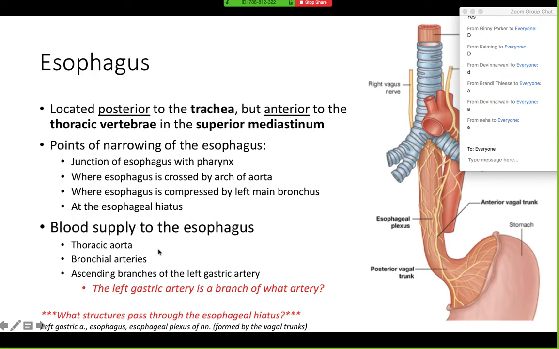Okay, so the esophagus receives its blood supply from the thoracic aorta, bronchial arteries, and ascending branches or esophageal branches of the left gastric artery. So the left gastric artery is a branch of what artery?